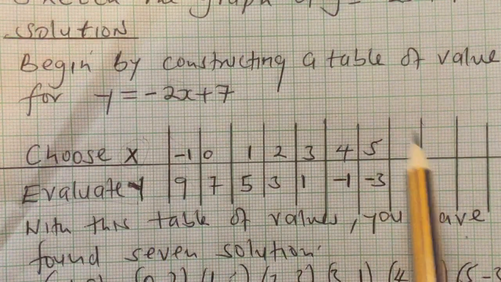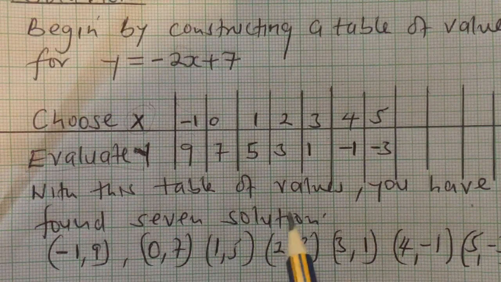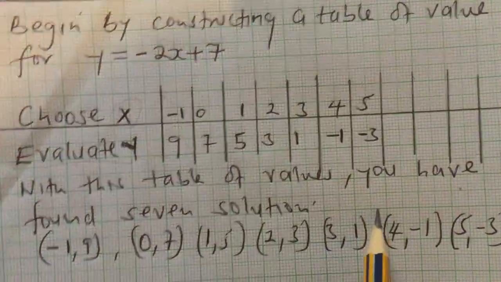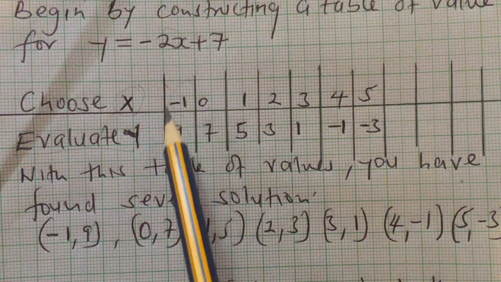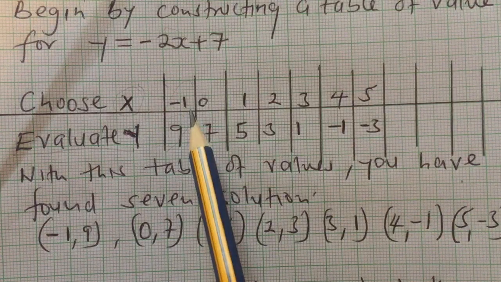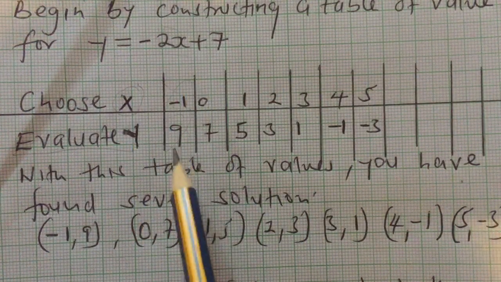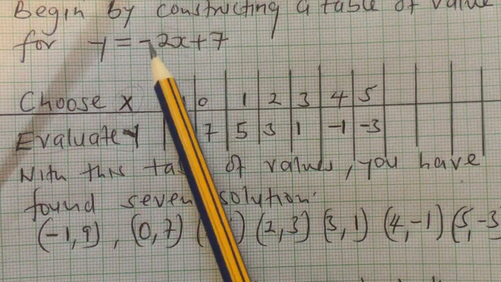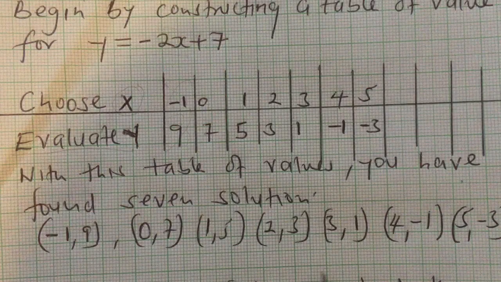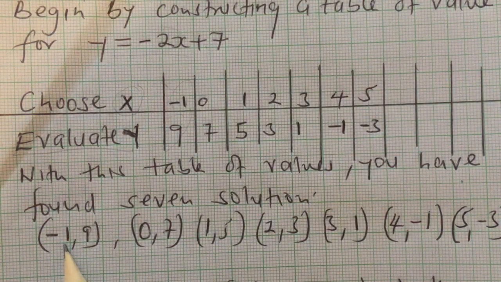Once I've constructed this table of values, you have found the 7 solutions. Remember, these are solutions because if you substitute them in the real equation, you realize that the answer is actually the same. This satisfies the equation.